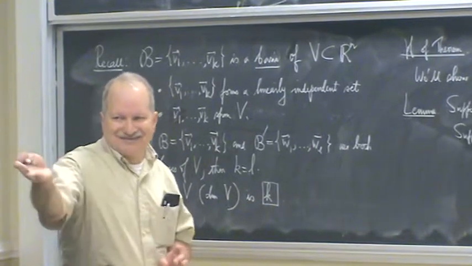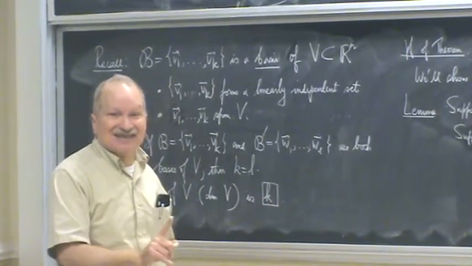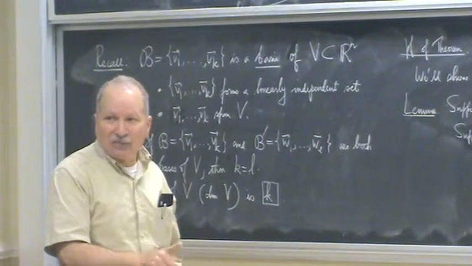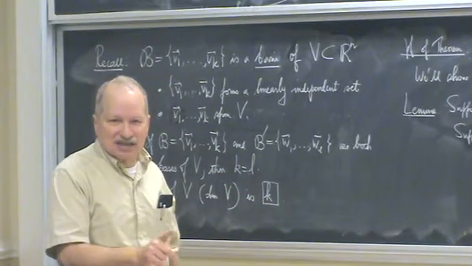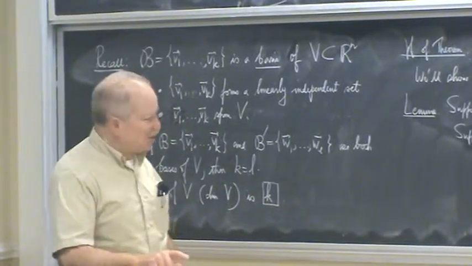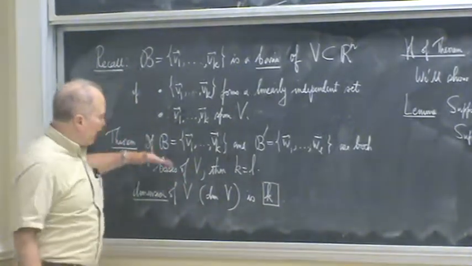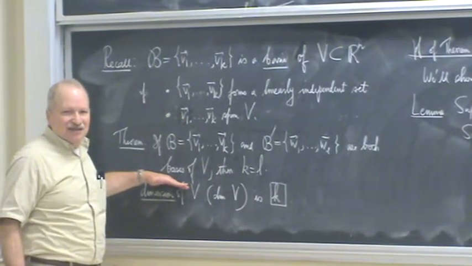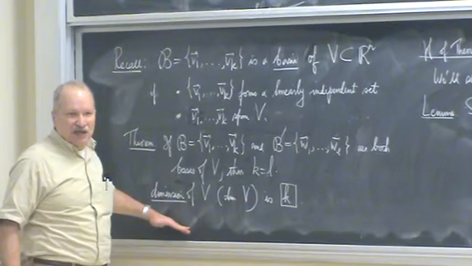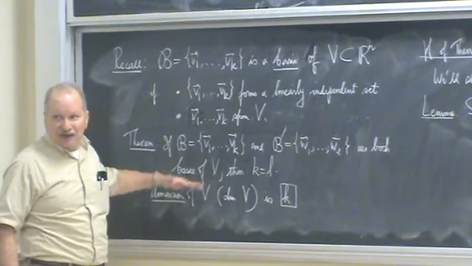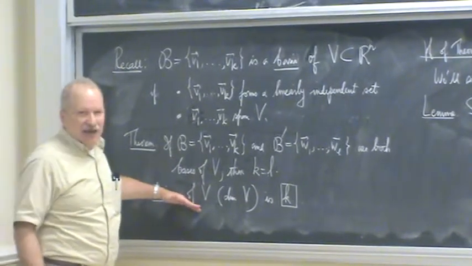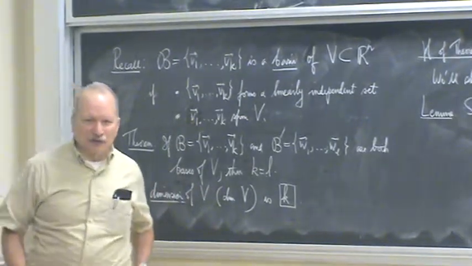We have the standard basis. It has how many? n vectors in it. So once you know that the number it takes to give a basis doesn't depend on which basis you pick, that's what we're proving here, then it follows that you know the dimension.